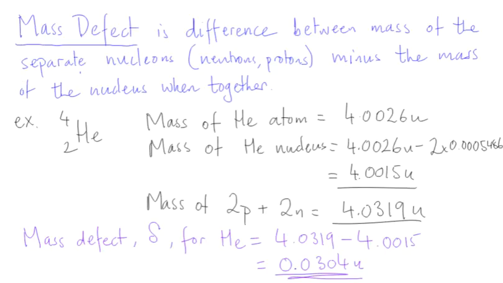So that's mass defect. Difference between the mass of the nucleus and the mass of its constituent parts.